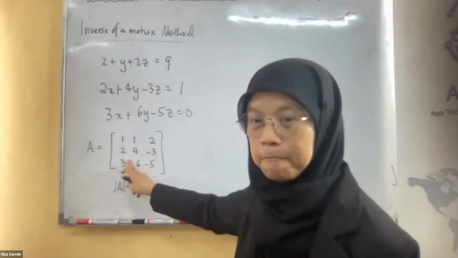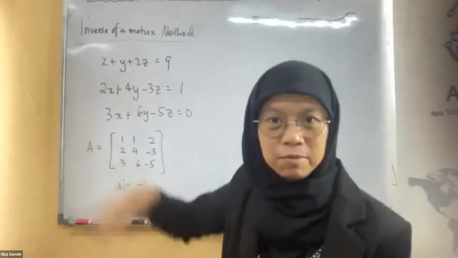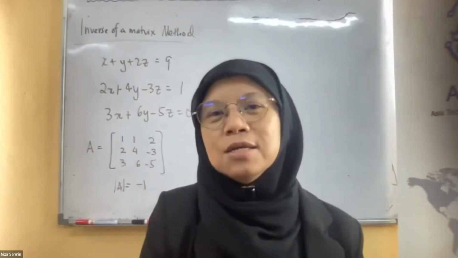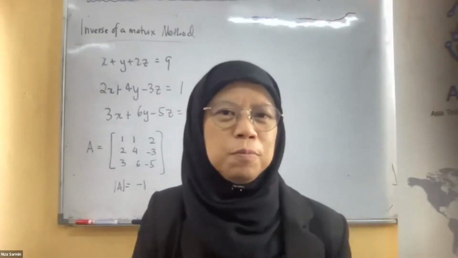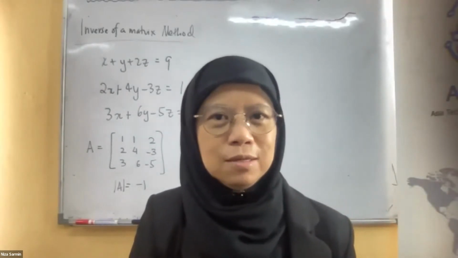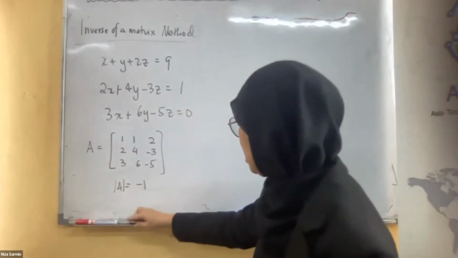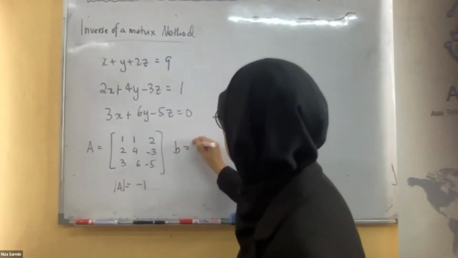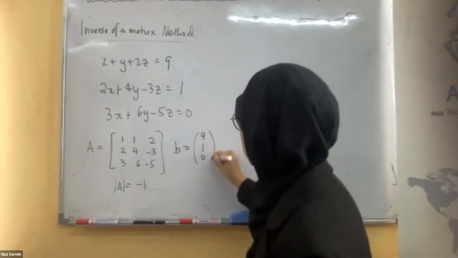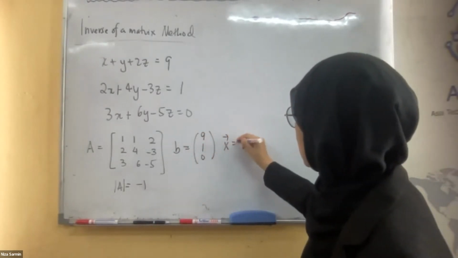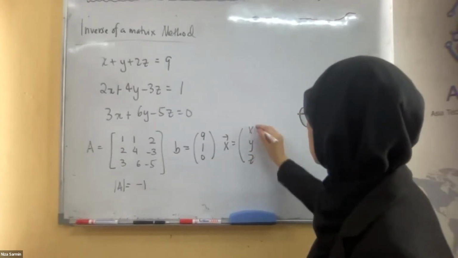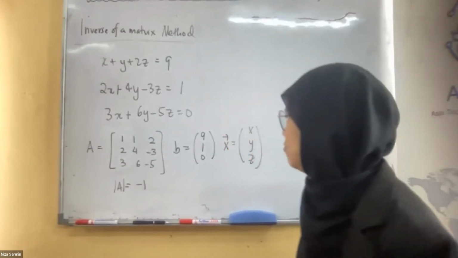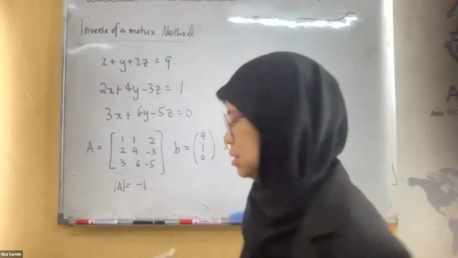Given the system of linear equations, part 1, write A and B, so AX is equal to B. Then you will write this. This is A, and this is B, and then your vector X.